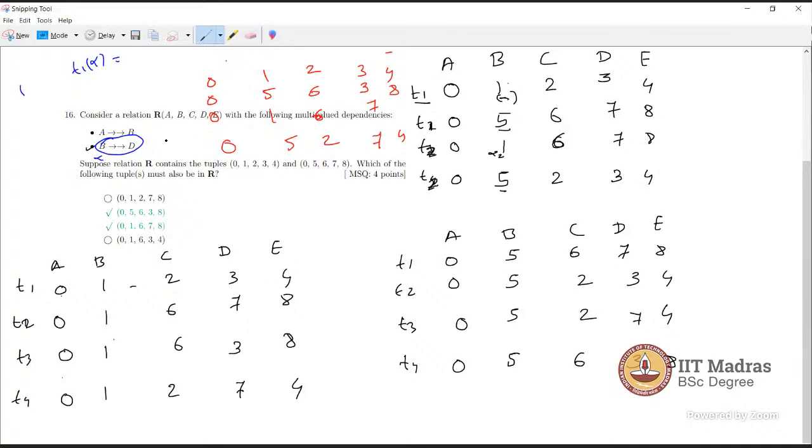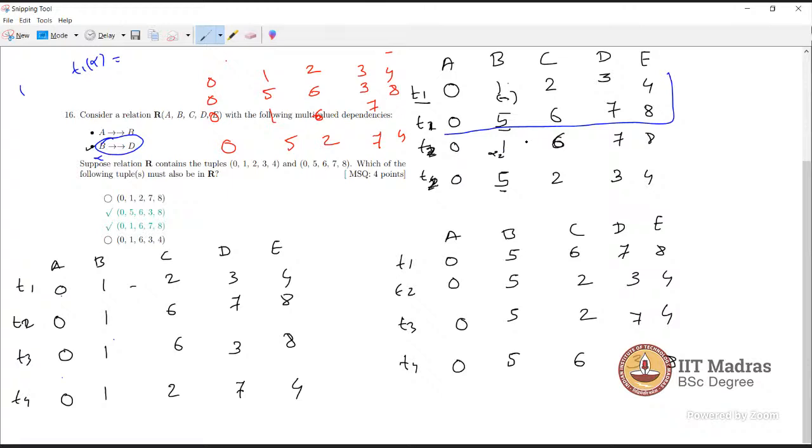In which case? So let's say my tuples are given like 0, 1, 2, 3, 4, 0, 5, 6, 7, 8, 0, 5, 3, 6, 3, 8 and 0, 1, 6, 7, 8. These are my tuples.